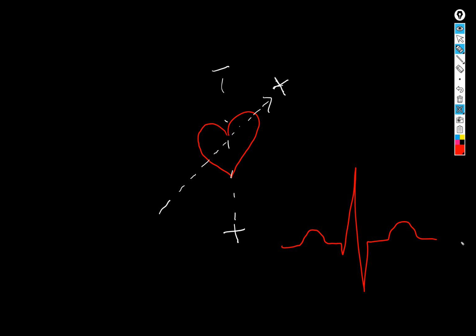So although both the millivoltage charts and an EKG trace show electrical changes, they're not showing electrical changes at the same level. So this is showing electrical changes of the entire heart, including the nodal system and the contractile cells.